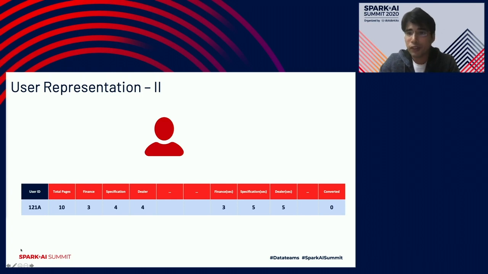So you can see the difference on the initial level. It was more of a basic representation, but we have now advanced and are providing more information points to the user. And it's not just specific to the information on the accessibility of the website or your clickstream data, but you can add additional information points to the user profile as well.